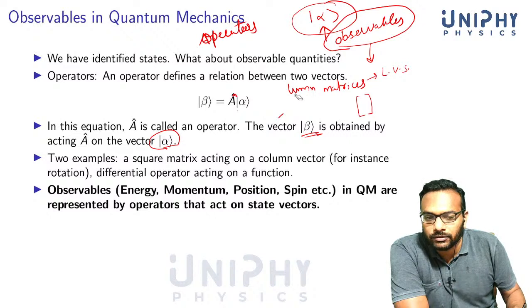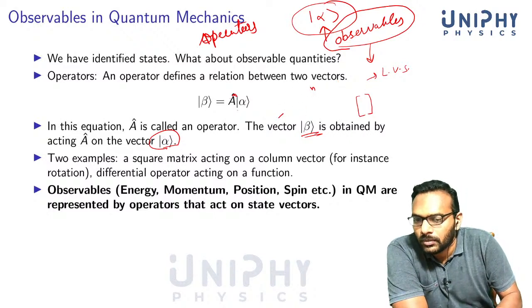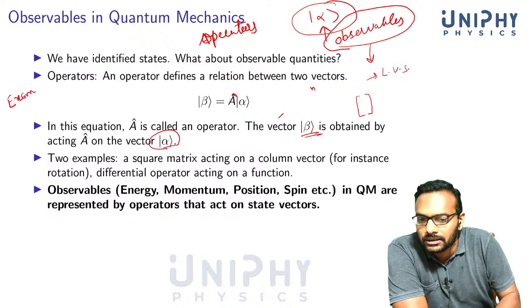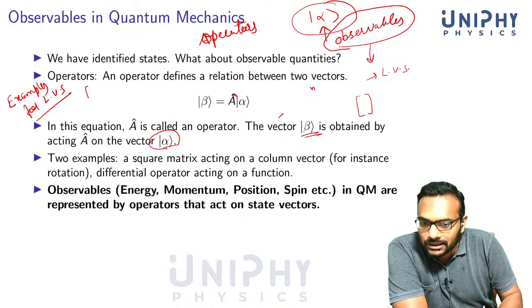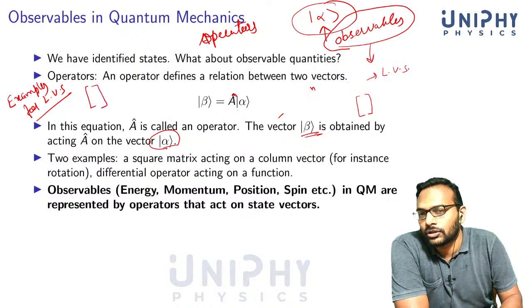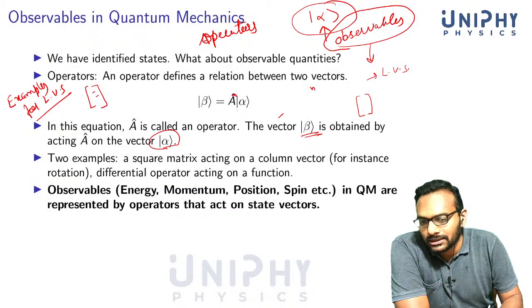So I'll give you two examples for linear vector space. The first example is the column matrices, which obey all the properties of a linear vector space.